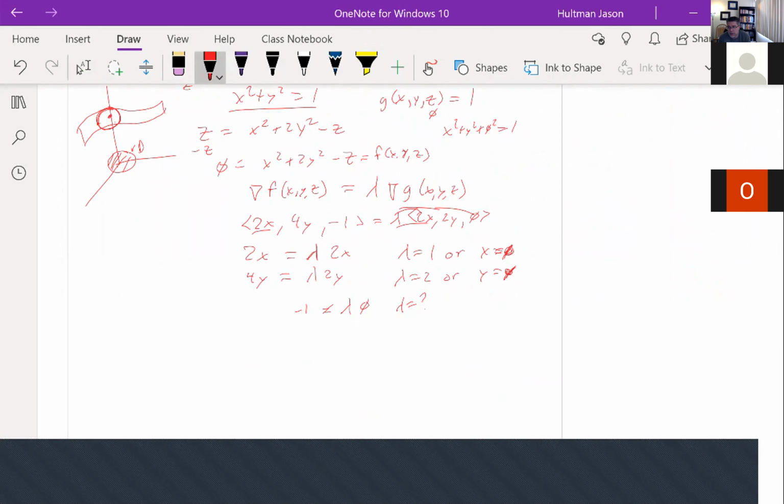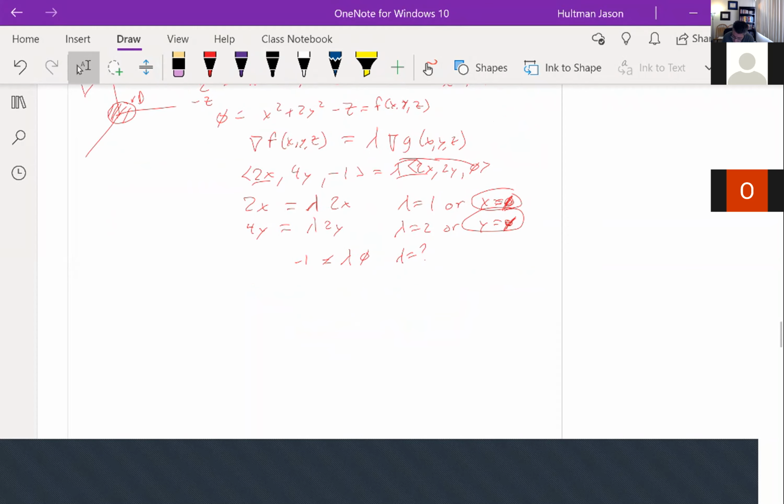Lambda is kind of out there. It wants to be 1, it wants to be 2, it wants to be whatever. It's kind of messing with me, right? So what do I know is true? Well, I know that if x is 0, then this works. If y is 0, then this works. Lambda, all bets are off on lambda at this point.